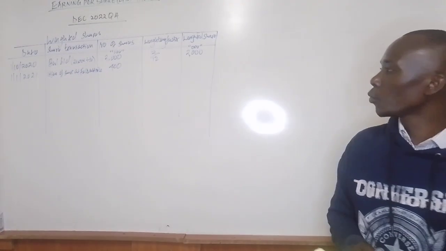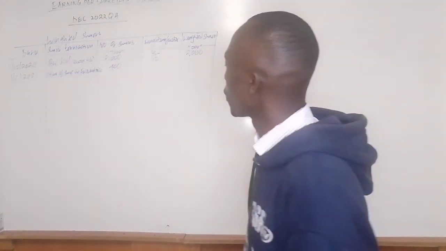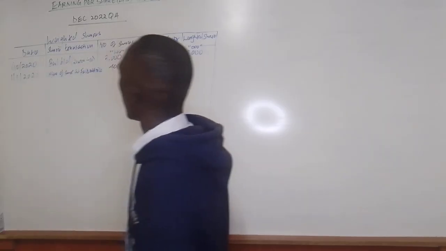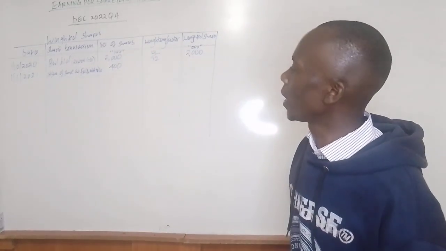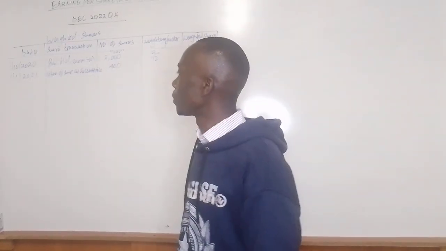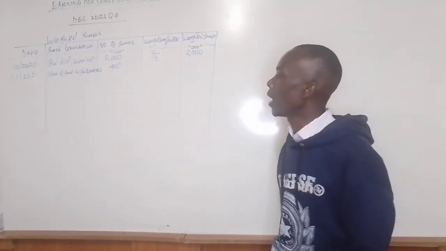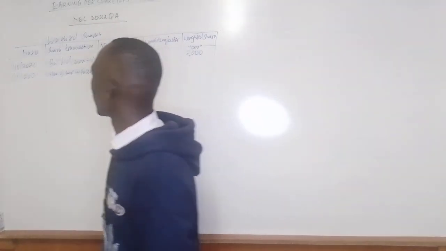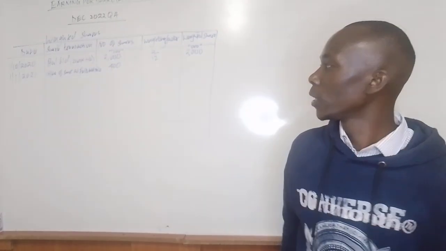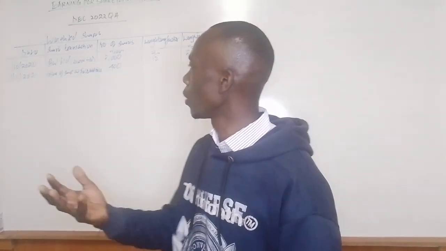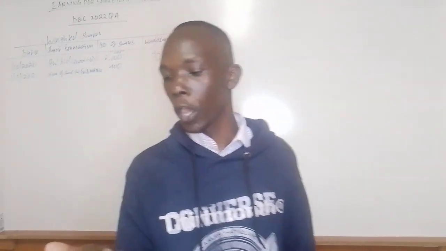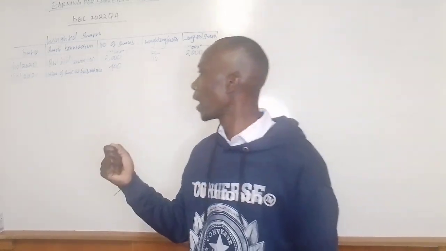So how long are we going to weight it? It is from 1st January 2021 to 30th September 2021. We can count using the fingers. We have January, February, March, April, May, that is 5.